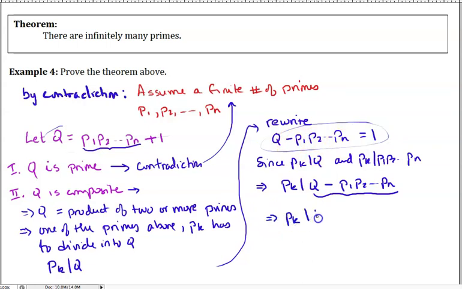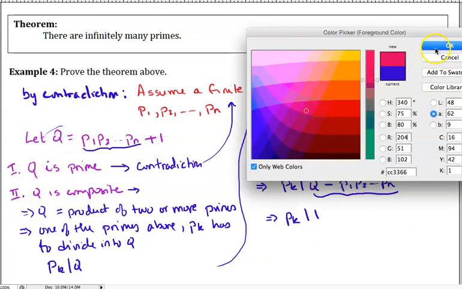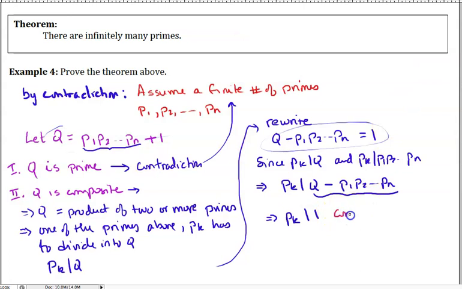So pk divides into 1. And this is a contradiction, because the only thing that divides into 1 is 1. So pk is a prime number, which means it's bigger than 1, so this can't happen.